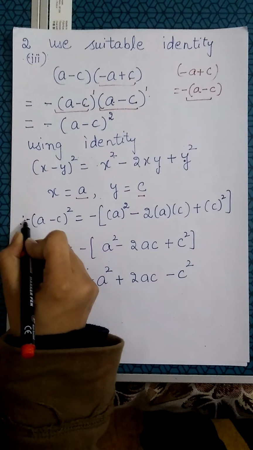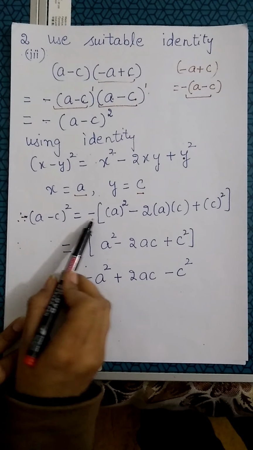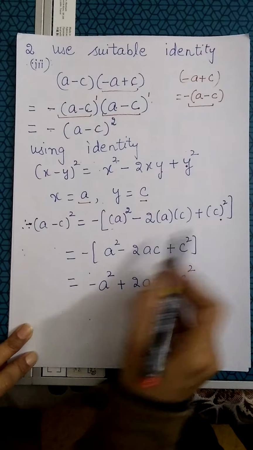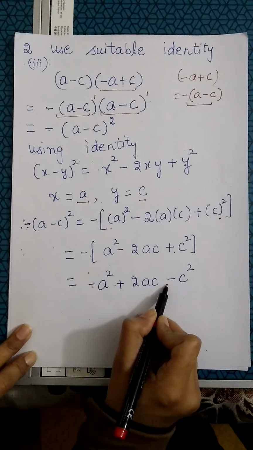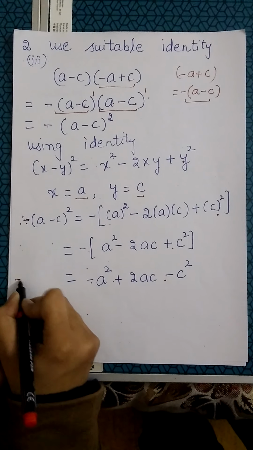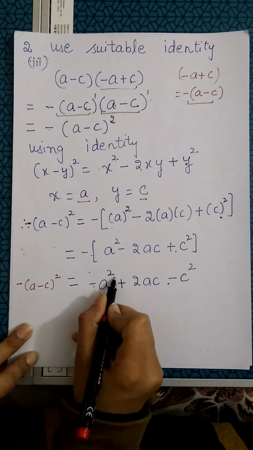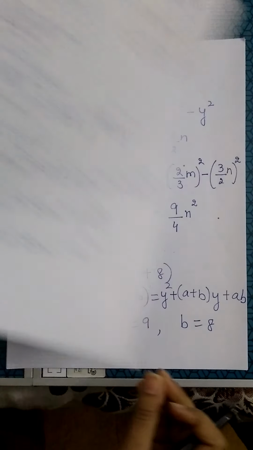We have to keep in mind that minus is outside. So minus will remain outside, and in the square bracket I will be using the identity. When I open the bracket after applying the identity, the signs of the terms will change. So minus of (a minus c) whole square will become minus (a square minus 2ac plus c square).